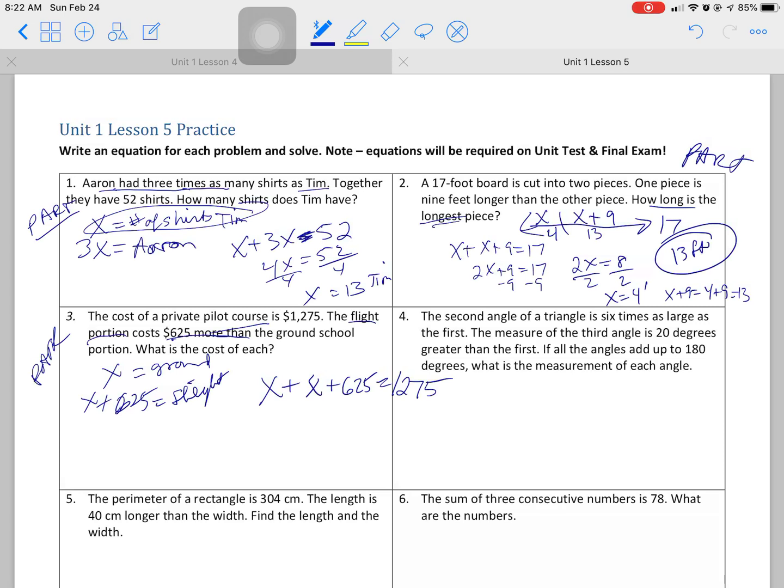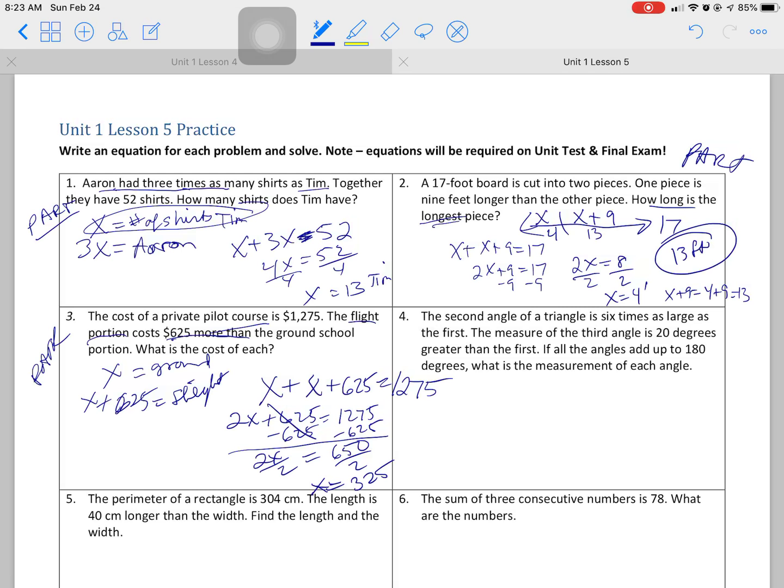Okay. So this is going to be 2x plus 625 equals 1275, minus the 625. 2x equals 650. X equals 325. 325 is X. 325 is the ground.